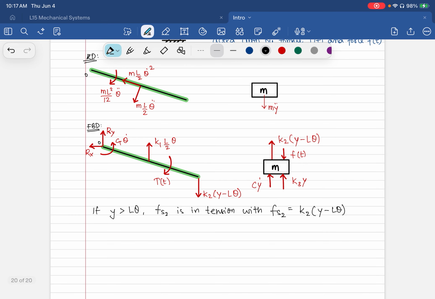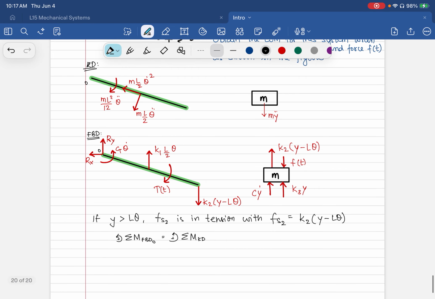And I'm going to do it with, let's say this direction is positive, and I'm doing it for the bar first.